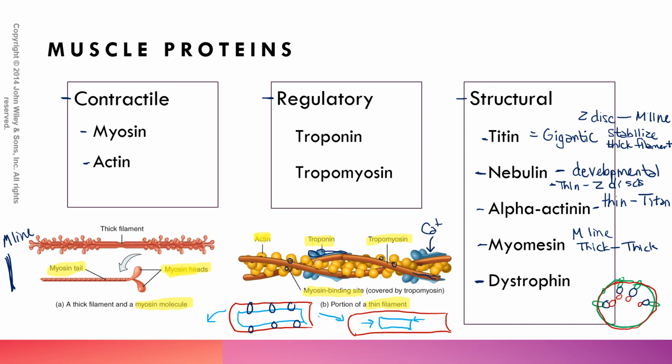So now that we have that dystrophin connecting everything, when the sarcomere contracts, it's also connected to the sarcolemma, so the entire cell is all going to contract and get smaller along with all the contractile proteins, as you can see here. So that is what dystrophin is going to do. It's going to make sure that everything is connected to the plasma membrane so that the entire cell will contract together.